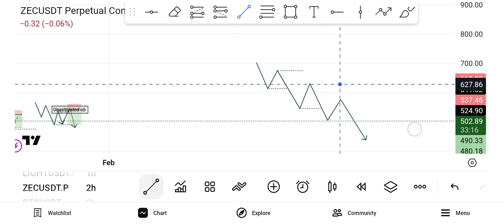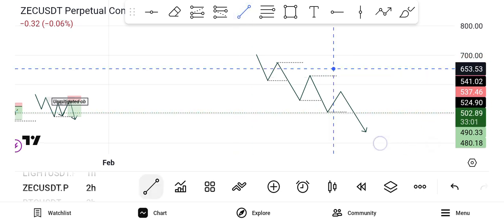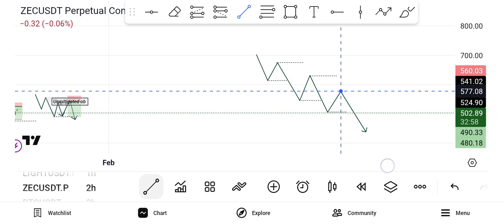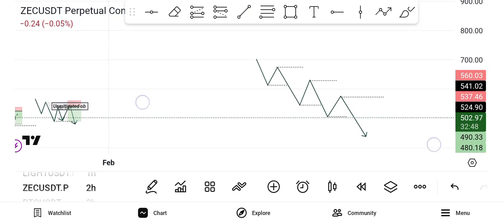Whenever you are marking out your trend, make sure you can identify all of the levels in that particular trend. It has to be very clear so that you'll be able to accurately tell when the structure is shifting from a downtrend to an uptrend, or from an uptrend to a downtrend.